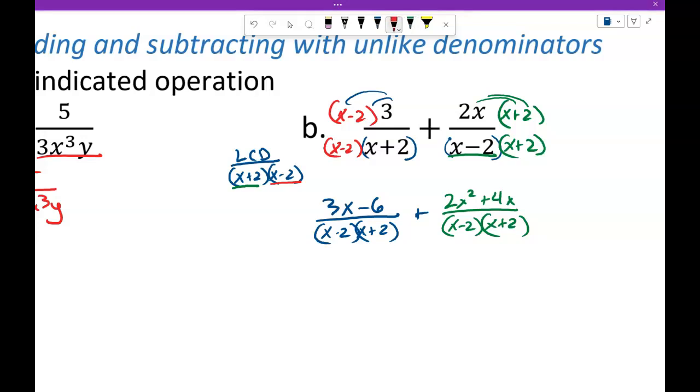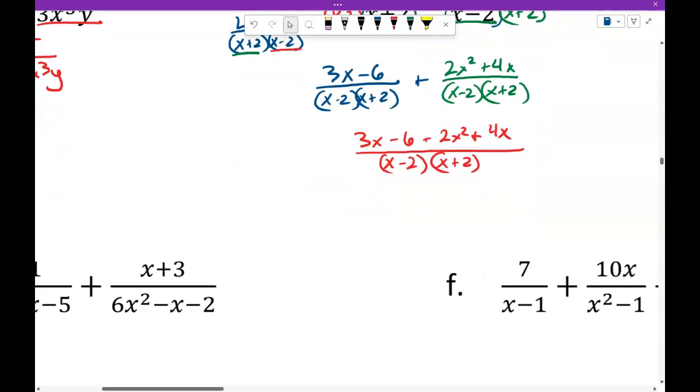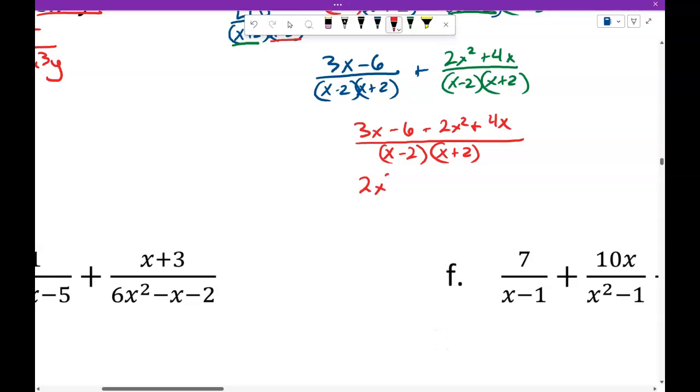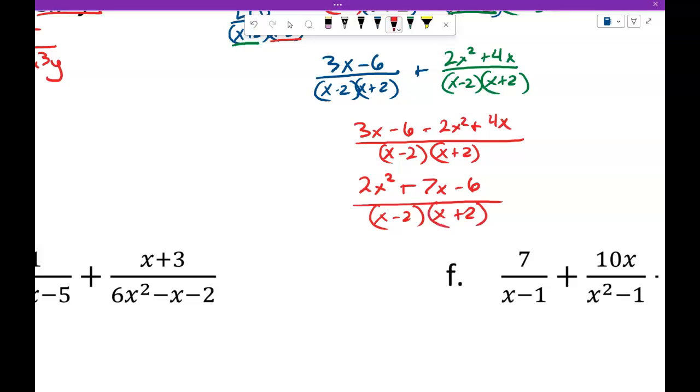Now that we have the common denominators, we can go ahead and combine the numerators. 3x minus 6 plus 2x squared plus 4x over the common denominator. And then we combine like terms. 2x squared plus 7x minus 6 over x minus 2, x plus 2.